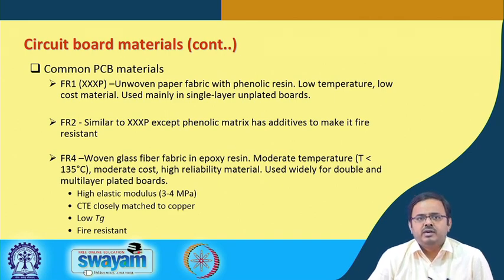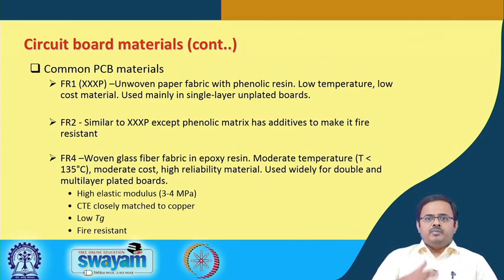Depending on the materials that have been used to form the laminate, the nomenclature happens in this form. The first one is FR1, which is also sometimes called XXXP. This is unwoven paper fabric with phenolic resin.